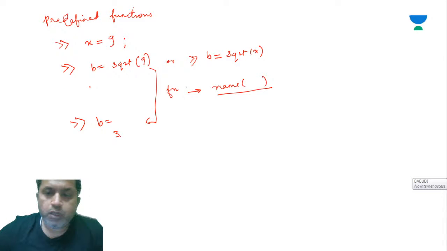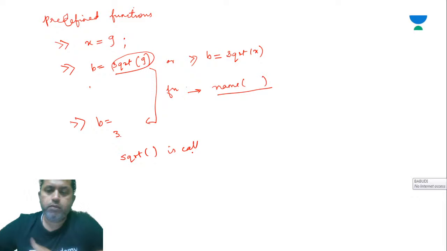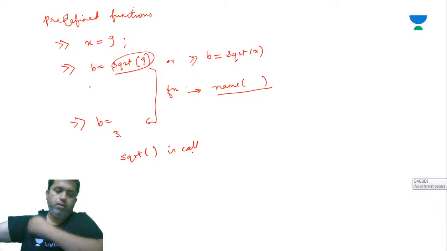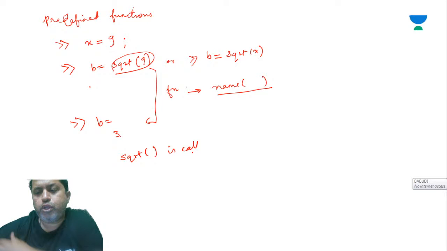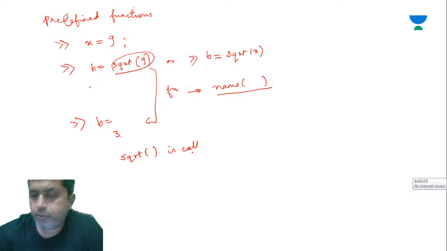So this sqrt is called a predefined function.